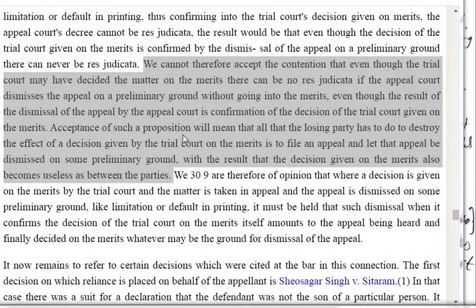Acceptance of such a proposition will mean that all the losing party has to do to destroy the effect of a decision given by the trial court on the merits is to file an appeal and let that appeal be dismissed on some preliminary ground, with the result that the decision given on merits also becomes useless as between the parties.